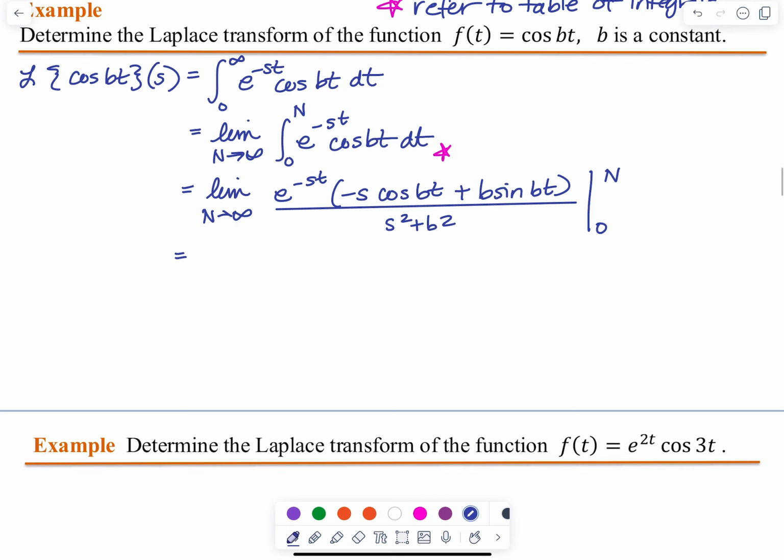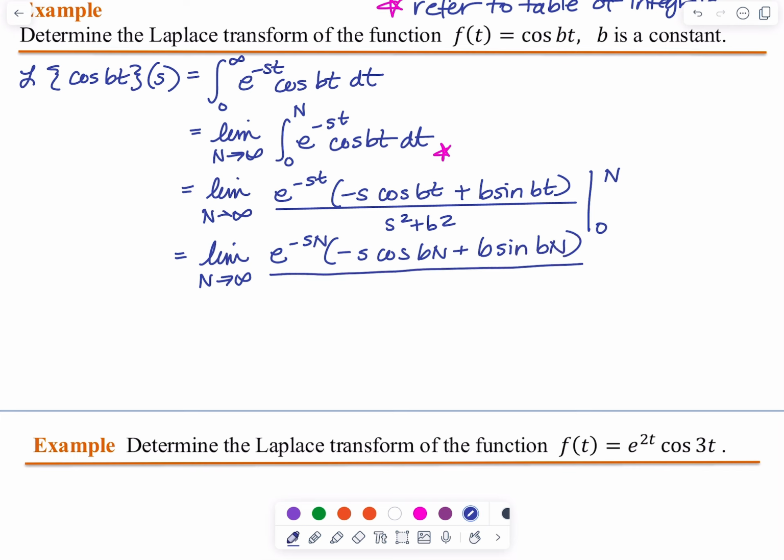So plugging in our n for our t's, we have e to the negative sn multiplied by negative s cosine of bn plus b sine of bn, all divided by s squared plus b squared minus, we will have a negative s here, plugging in a 0.